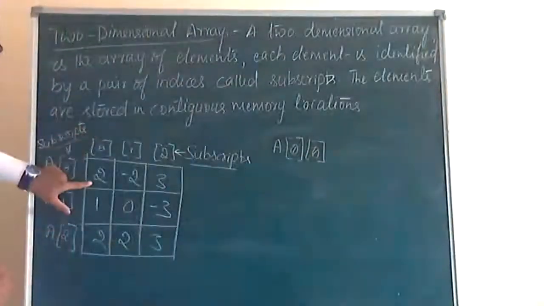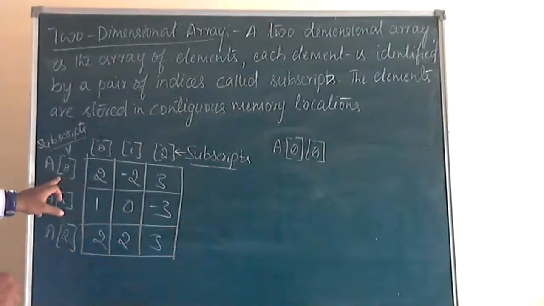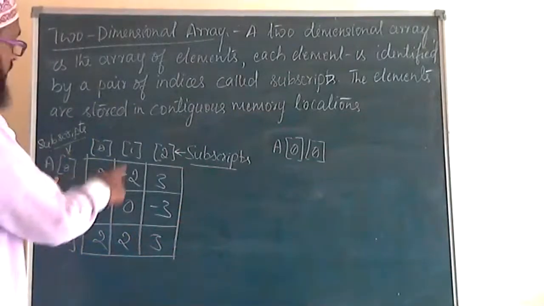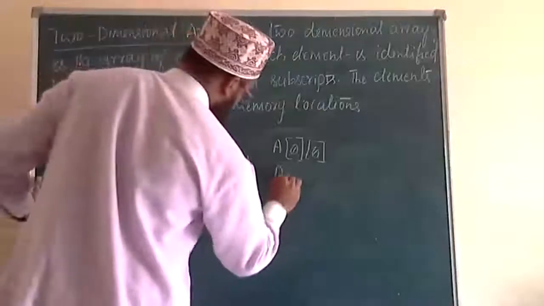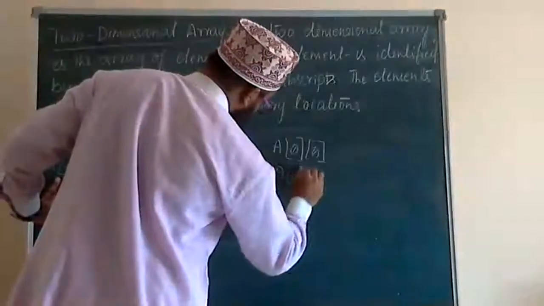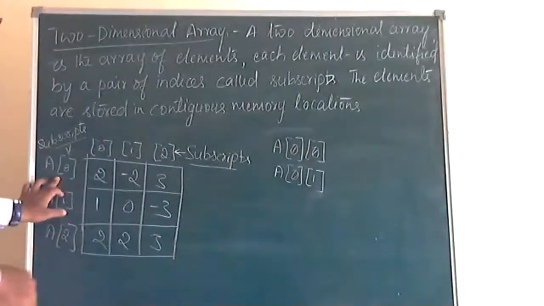This means the element 2. A of 0, 0 is the element 2. Then for minus 2, a of 0, 1. Like this we will write in a two-dimensional array.